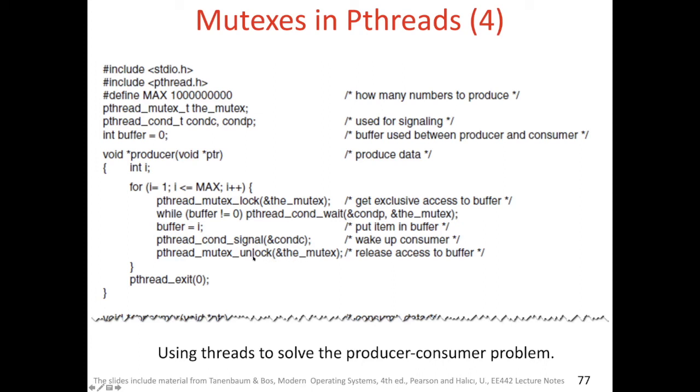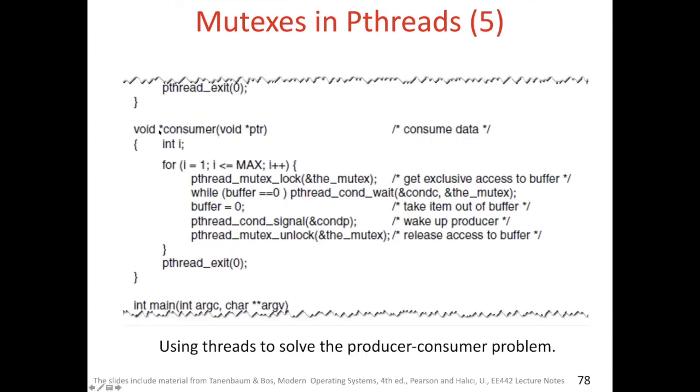The mutex is unlocked, so access to the buffer is released. After this is repeated the maximum number of times, pthread_exit is called with parameter 0. The producer terminates.